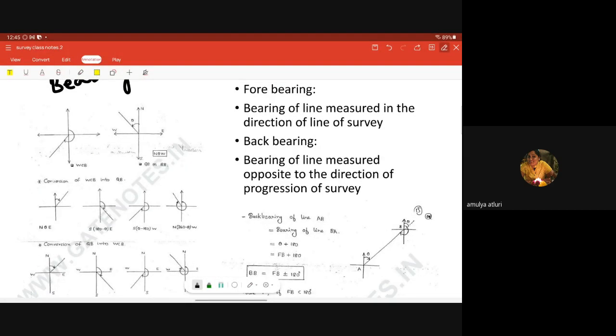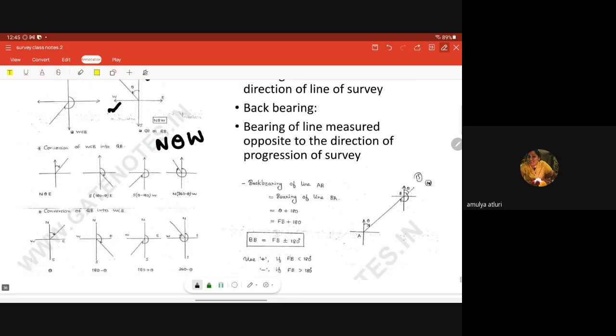So you can see the whole circle bearing here, and the quadrantal bearing. How do we mention it? In the reduced bearing, we mention the quadrant.